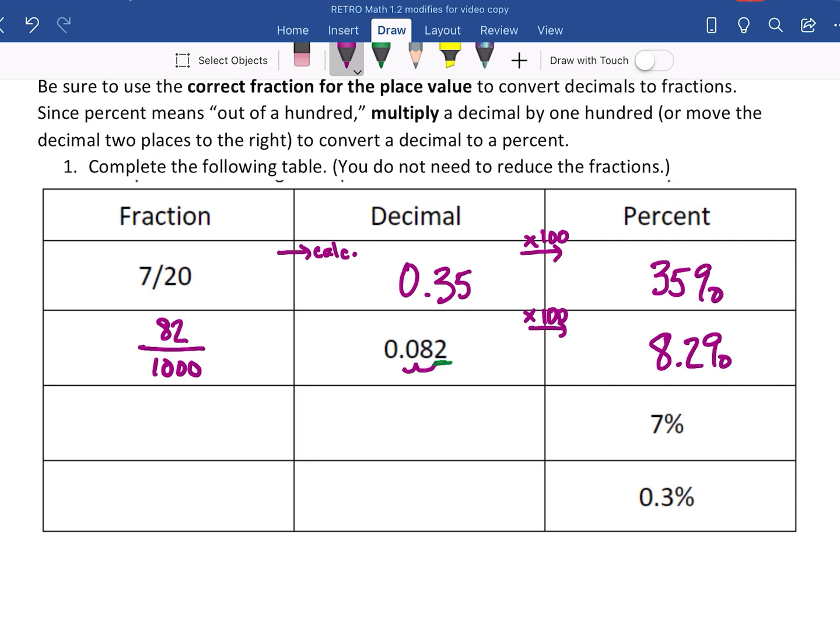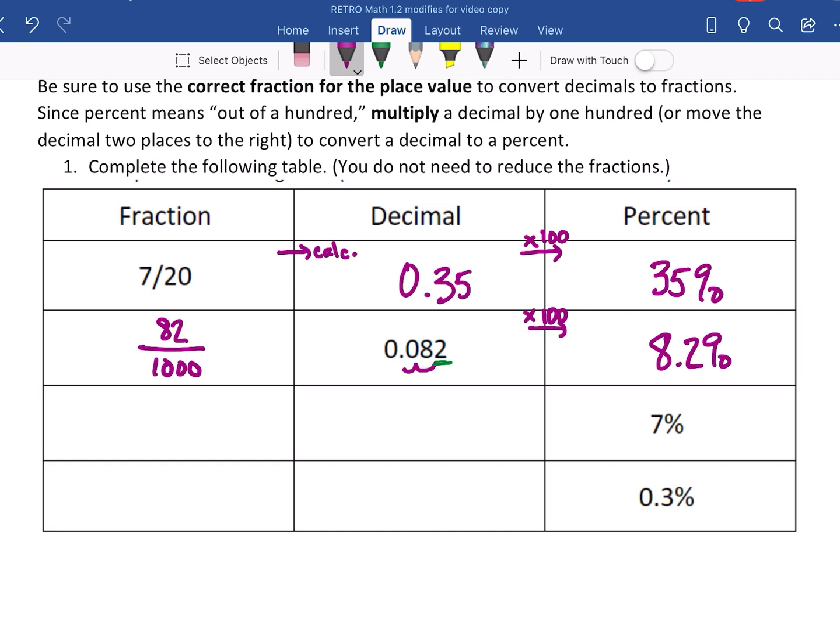And that's your fraction part, and you don't have to reduce it here. But check your math: take your calculator and divide 82 divided by 1,000 and make sure that you get 0.082.